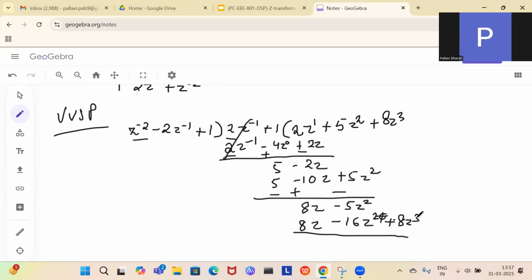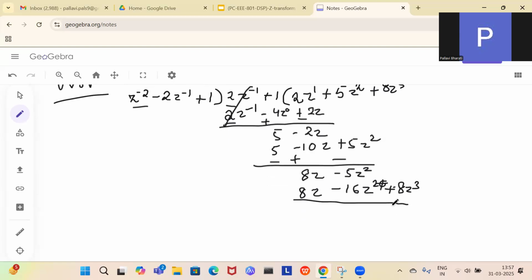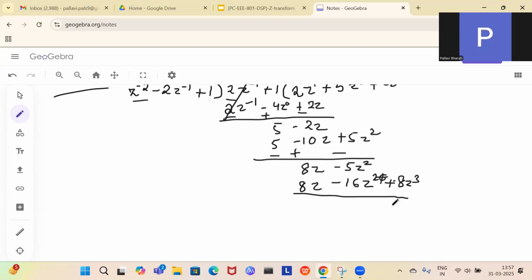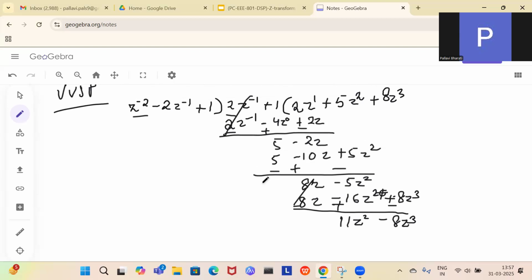Again, you can just subtract and remove all these. Remove this first one actually. This one will become 11z square, and this one will become minus 8z cube. Now this is 11z square. There it is z to the power minus 2.